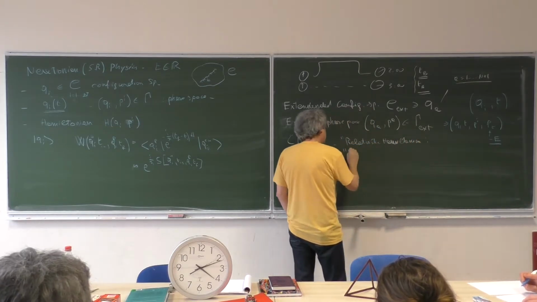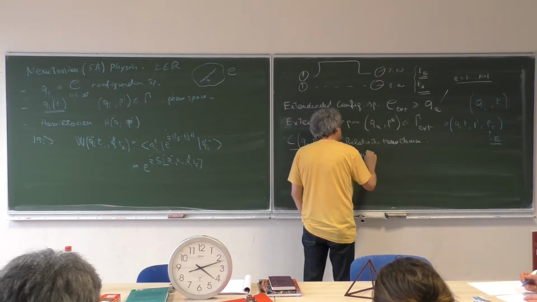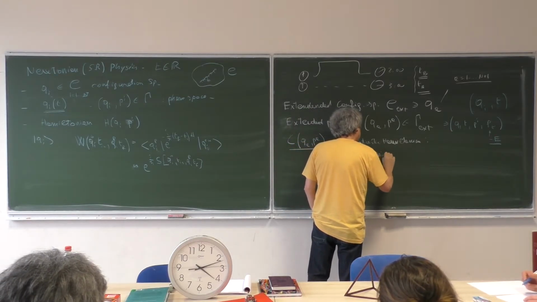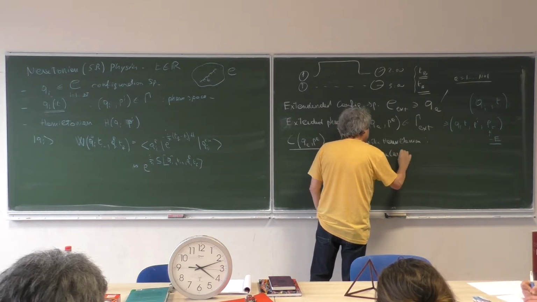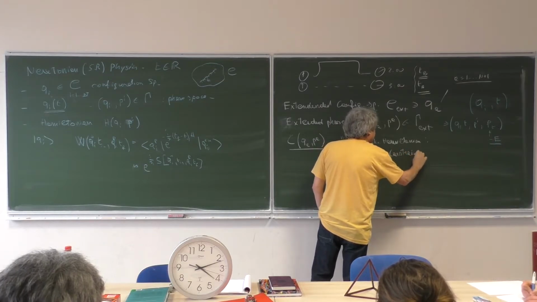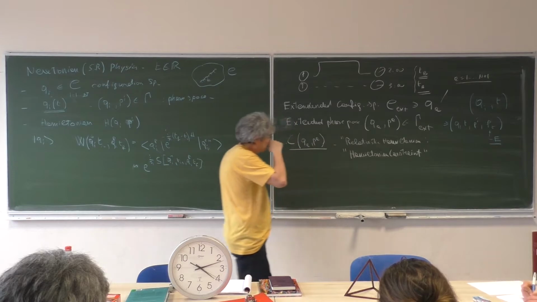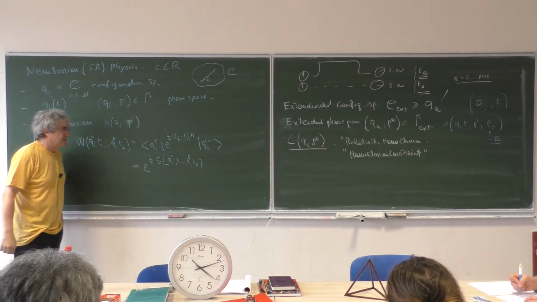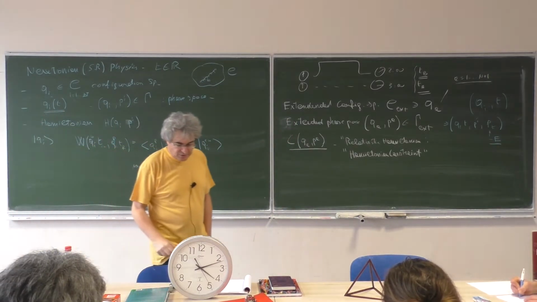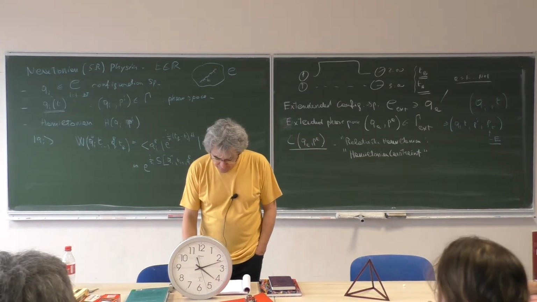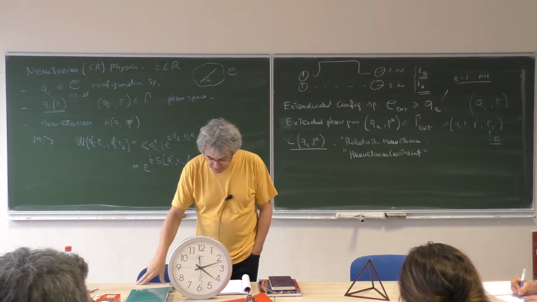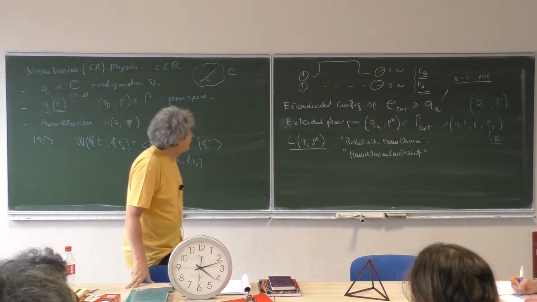We call it the Hamiltonian constraint. By some other people it has other names. I suppose the Hamiltonian constraint is the better known.